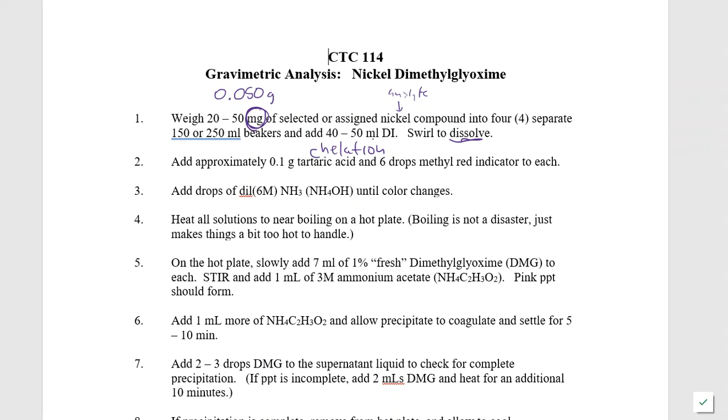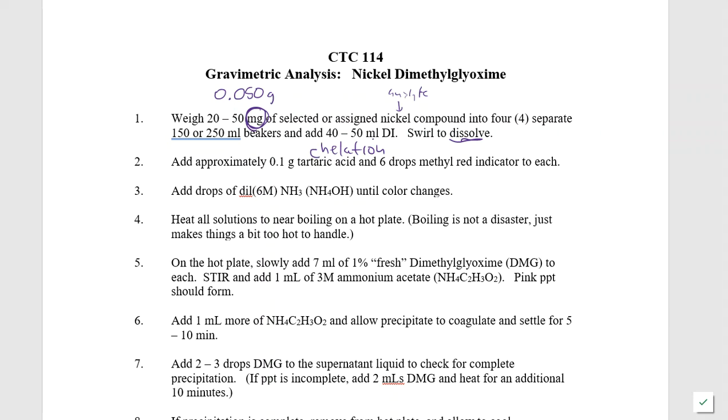So this reagent that we're going to be adding in, again, it's not specific to just one nickel only. This could also start precipitating out other metals as well, and we don't want those metals to be present. We don't want them to interfere. So tartaric acid kind of distracts them a little bit.